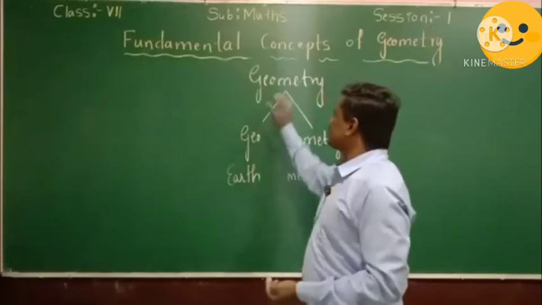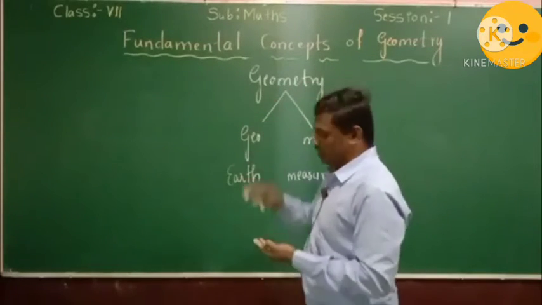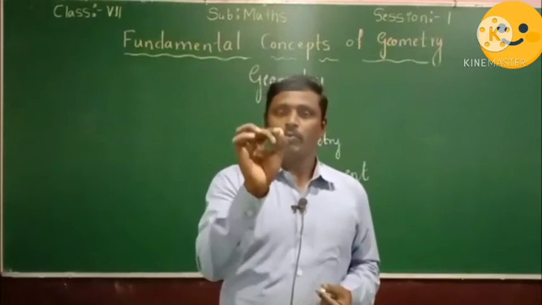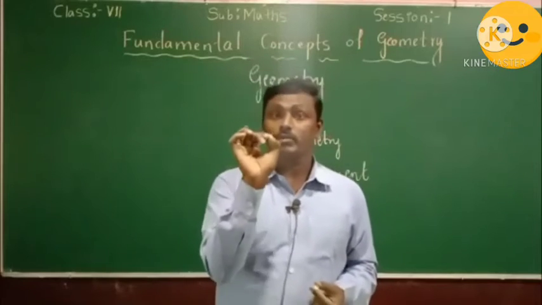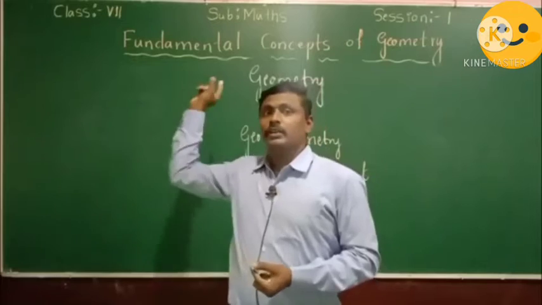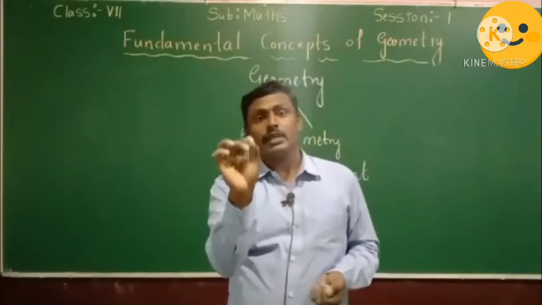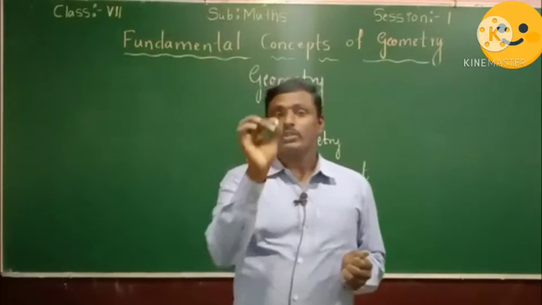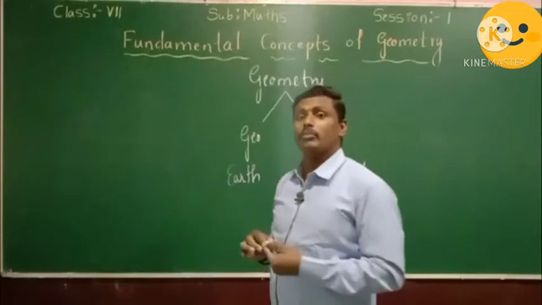Now the basic concepts we are studying in geometry. First one, point. Point is a basic unit of geometry. As we study in biology, the cell is the basic unit of living organisms; without that cell, living organisms cannot be made.